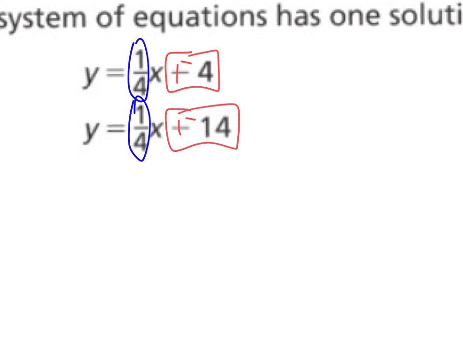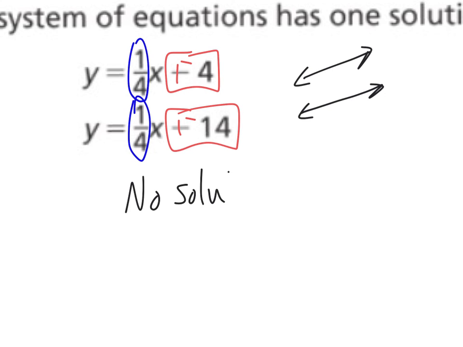Same slope, but different y-intercepts. Means these lines are going to be parallel, which means we have no solution. So he said that they have one solution, so he's not correct. There is actually no solution.